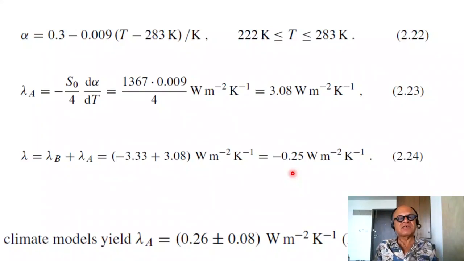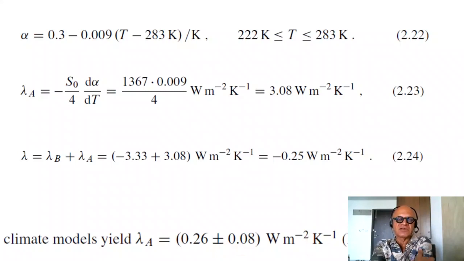Remember, sensitivity is 1 over lambda, so this obviously increases the sensitivity tremendously of the climate to perturbations, because now you have these internal feedbacks that are able to accelerate the process. What do we get from climate models? Climate models estimate shortwave feedback of 0.26 plus minus 0.08. There is a range from different models.